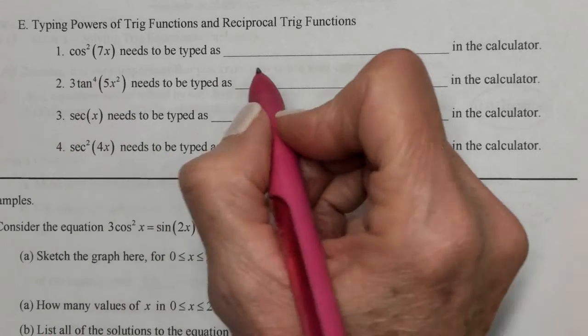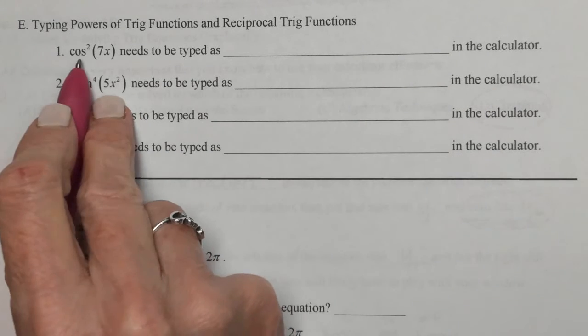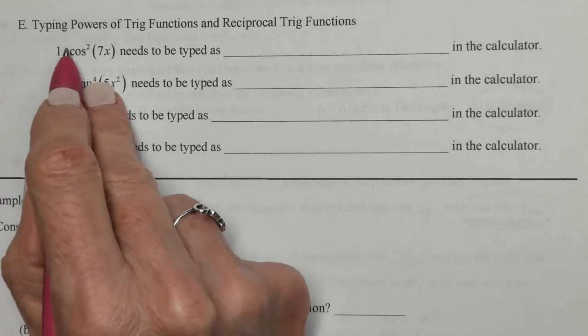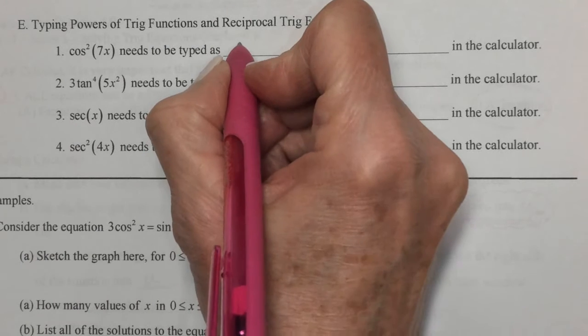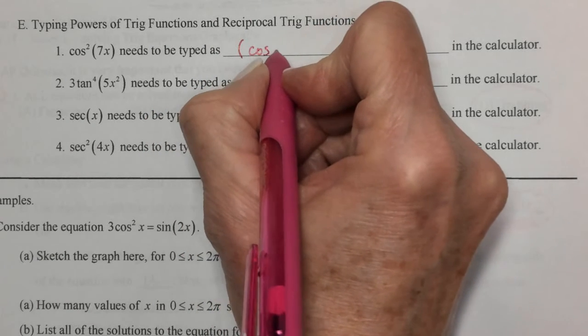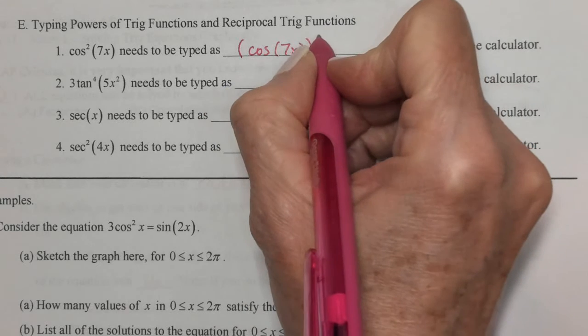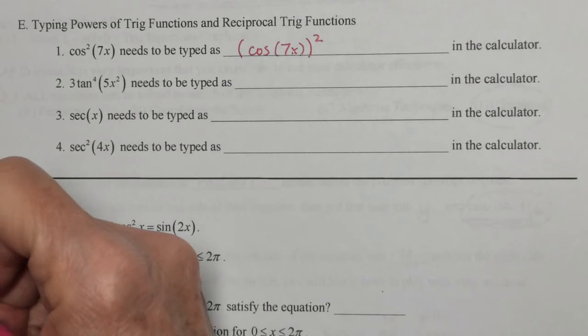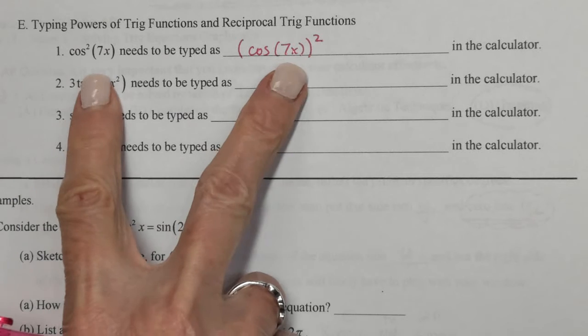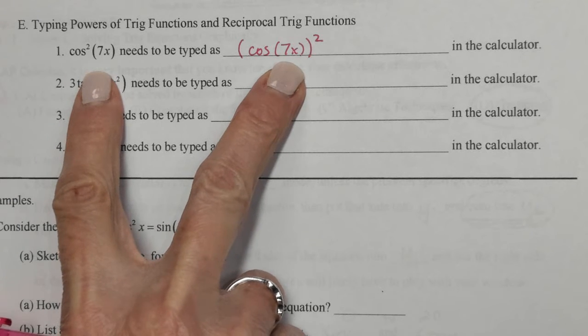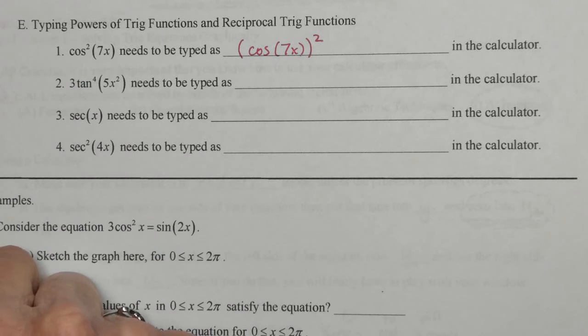Okay, so instead of that, we need to think of this as cosine of 7x all squared. It will need to be typed in as cosine of 7x parentheses, and then you're going to square the whole thing like that. These mean identical things anyway, so it makes sense on the calculator that it would have to be typed in like that.